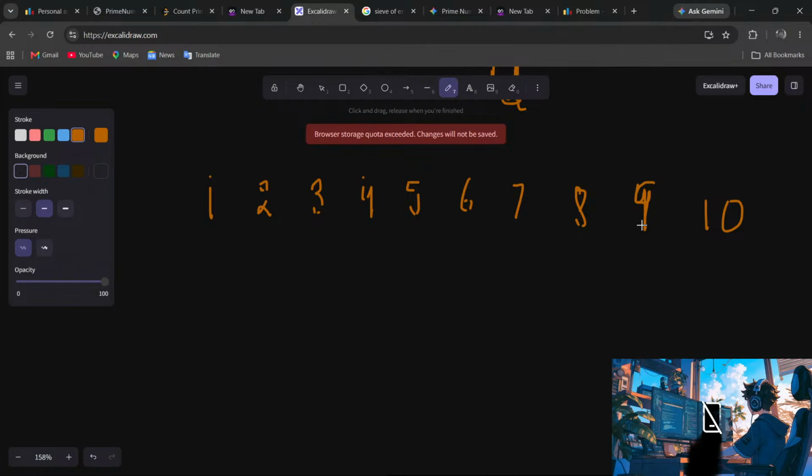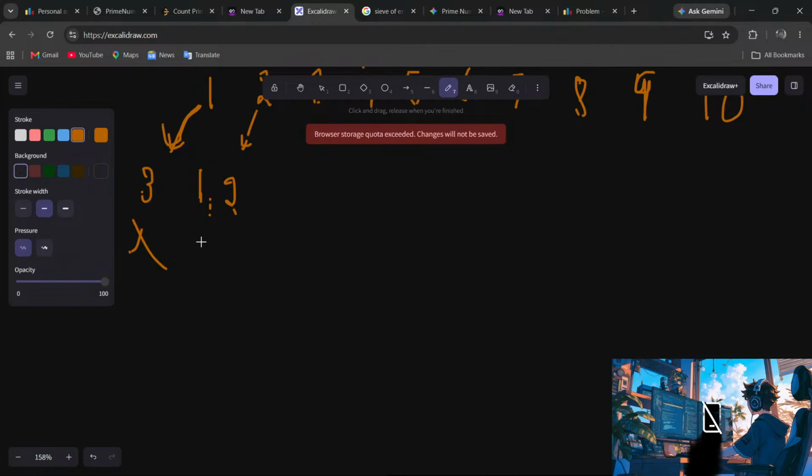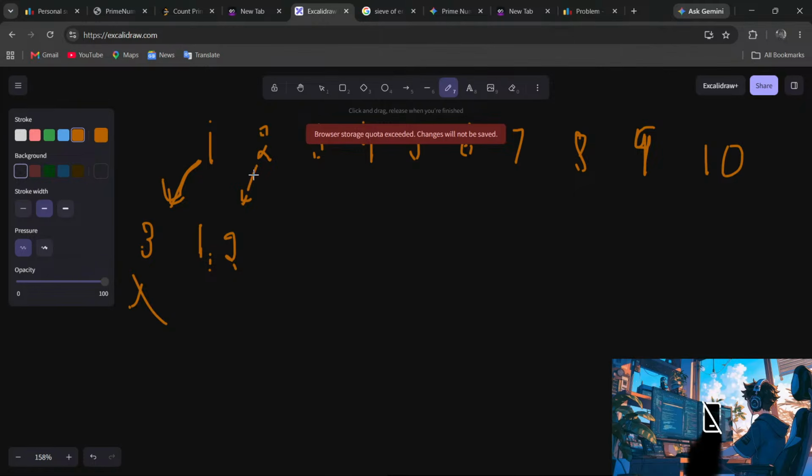So what I know is that 1 never has three distinct divisors, so this is never a T prime. Will 2 ever become T prime? No, because it has 1 as one distinct divisor, 2 as another, but I never get any other number which divides 2. So 2 does not become T prime.